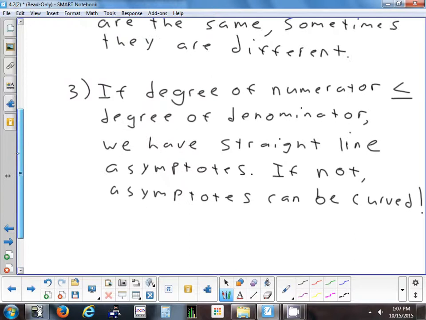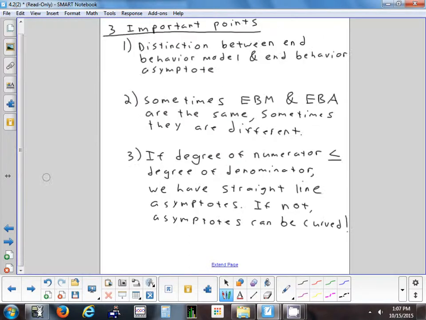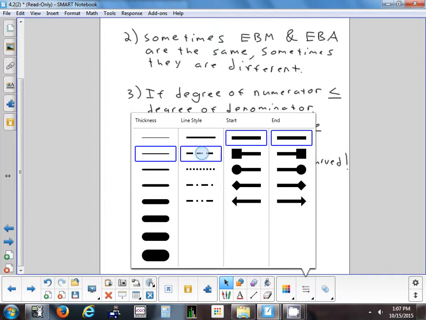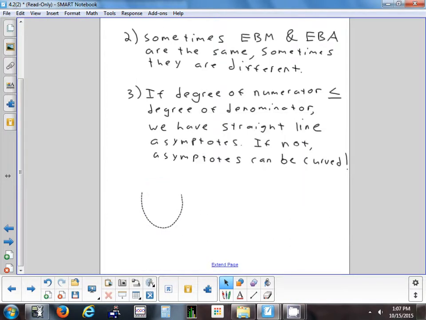So an example of a curved asymptote would be if you had something like, say, a parabola, and let's just make this dotted. So there's my asymptote. And maybe I have a function that does something like this.